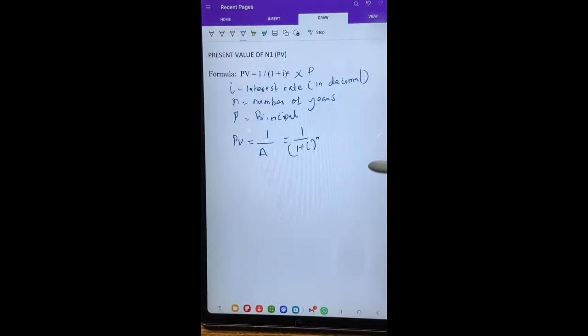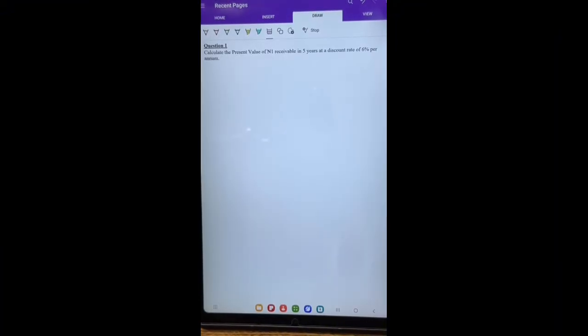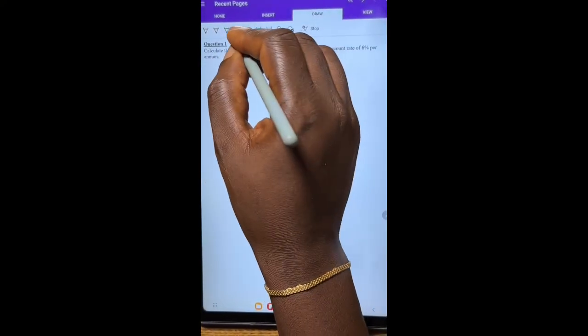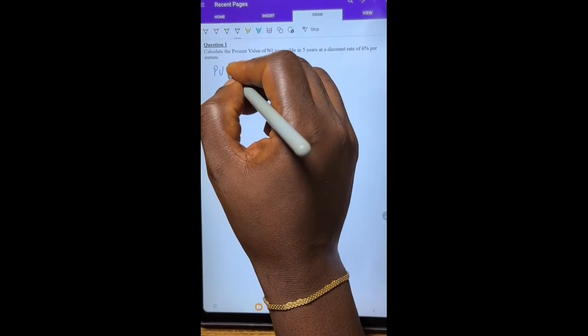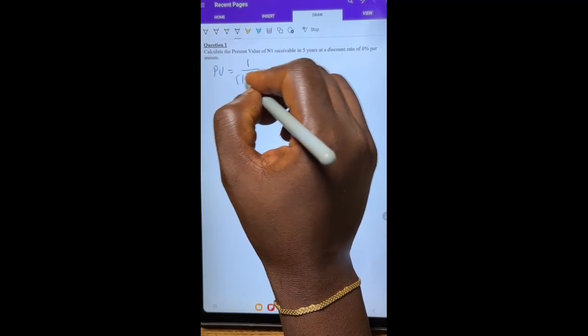So let's look at one question and see how we use this formula to solve it. The question says, calculate the present value of 1 naira receivable in 5 years at a discount rate of 6% per annum. Now, while the amount of 1 naira is compounding, the present value of 1 naira is discounting. So we use the formula PV is equal to 1 over 1 plus I raised to power n.